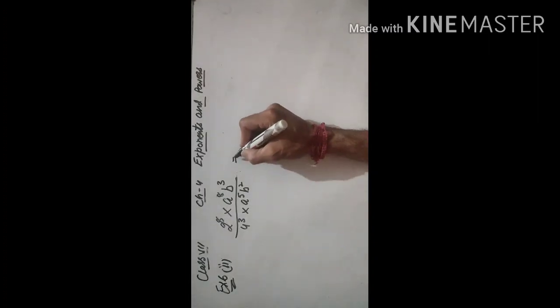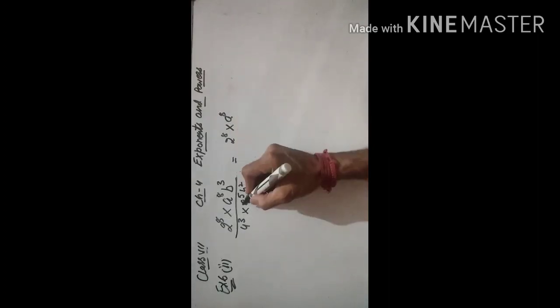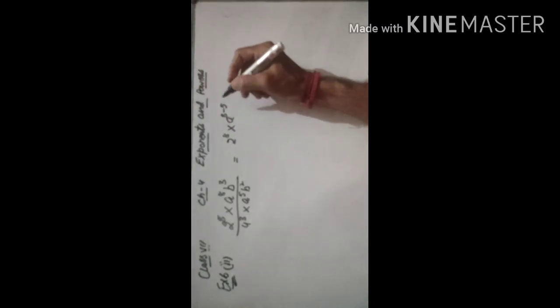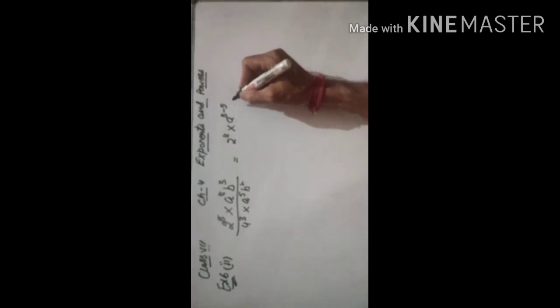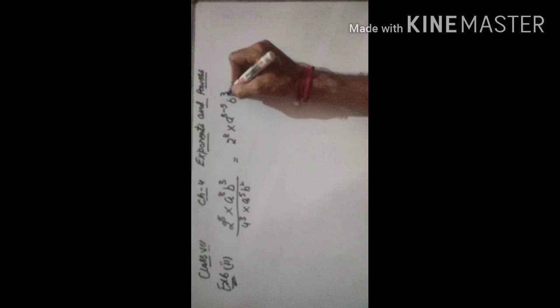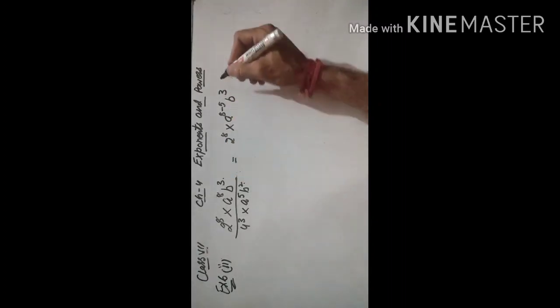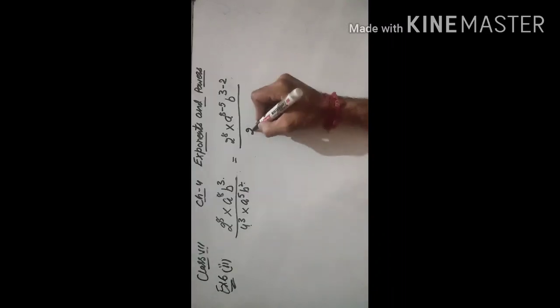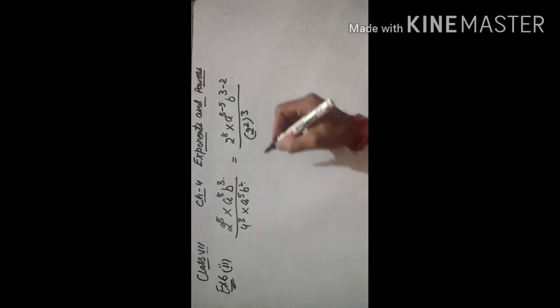Now 2 to the power 8, a to the power 8, when this a to the power 5 goes up, it will subtract from 8, that is a to the power 8 minus 5, into b to the power 3, b to the power 2 goes up, that is minus 2, and this 4 we can write as (2 to the power 2) to the power 3.